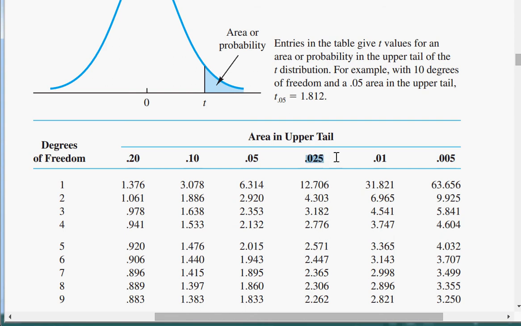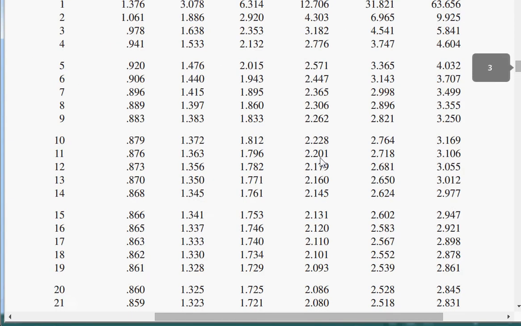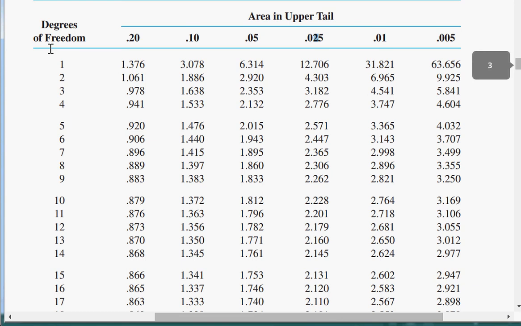So this is the alpha divided by 2 for our case. Sometimes you want to use the alpha column, but we have a confidence interval, so we use the alpha divided by 2 column, 0.025. Now, how far do we go down? What are the degrees of freedom equal to? N minus 1.